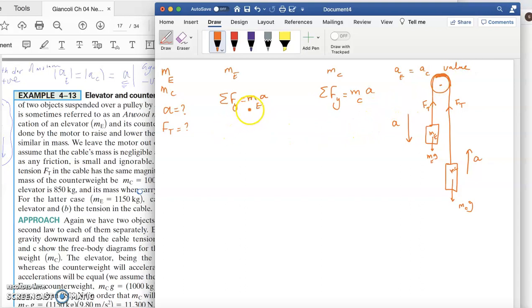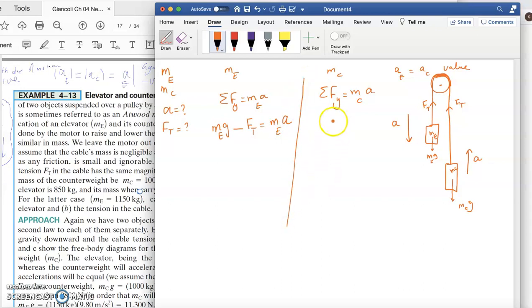Now, what are the forces acting on object E? Again, with the direction of motion and against the direction of motion. With the direction of motion, it's MEG, minus against the direction of motion, FT, is equal to ME times A.